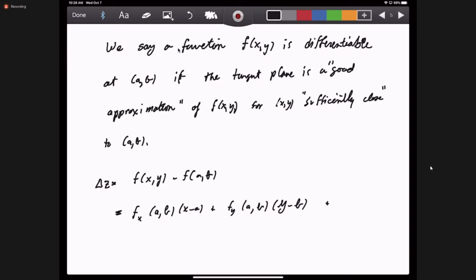What's left over here, so we have an epsilon 1 delta x and an epsilon 2 delta y. Delta x is equal to x minus a. Delta y is equal to y minus b.